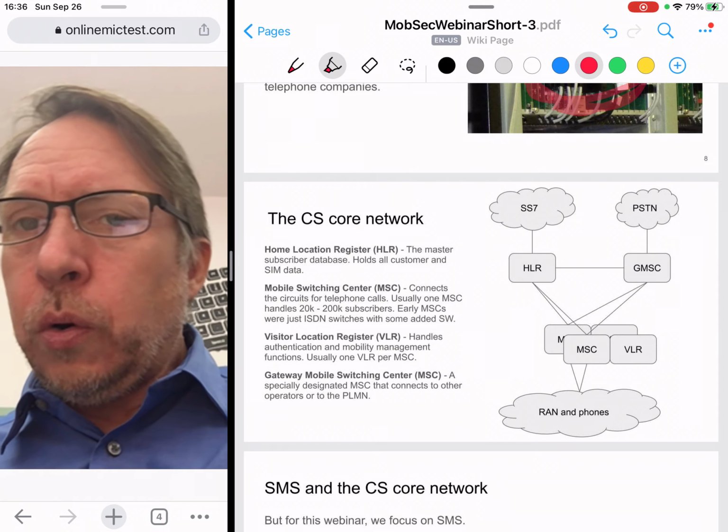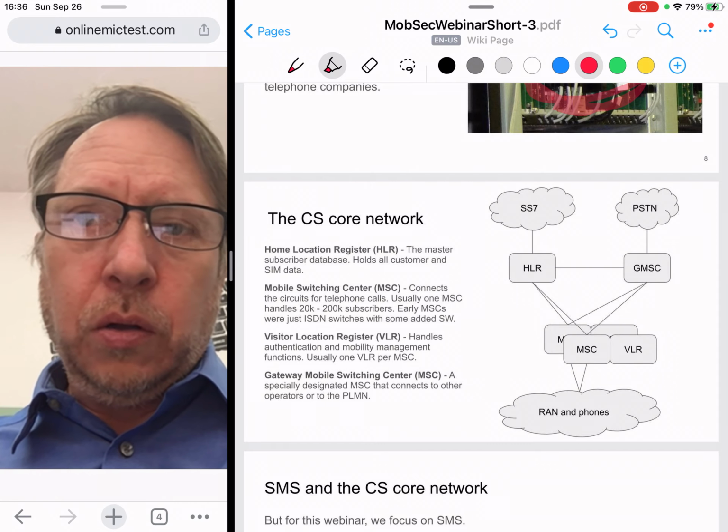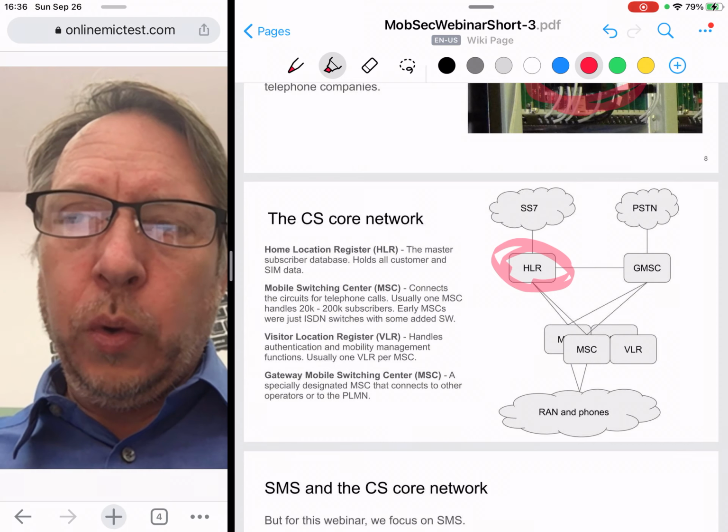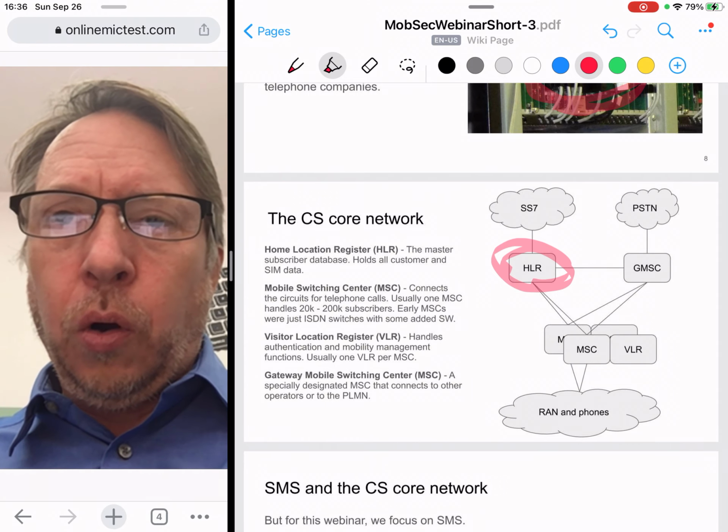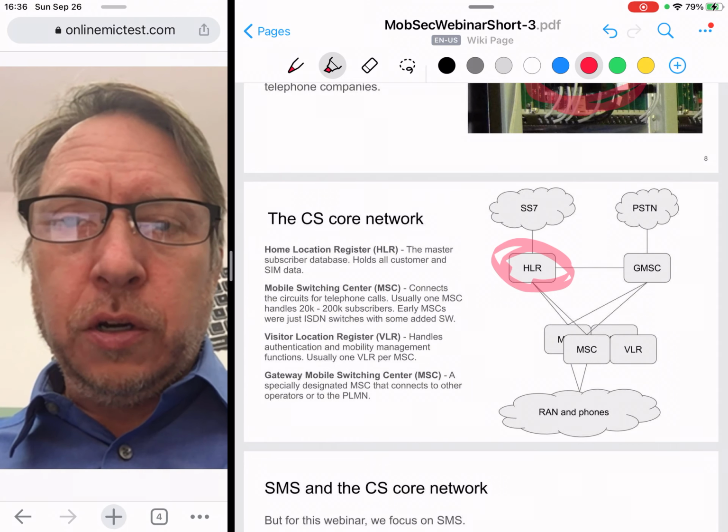In the circuit switch core network, we have the HLR, the home location register, which is the sort of database of SIMs. All customer data, all SIM data is kept in the home location register. We have the MSC, the mobile switching center, which is a telephone switch. It actually connects telephone calls to each other, like in the photograph on the previous slide, which is part of the mobile switching center for a small operator.